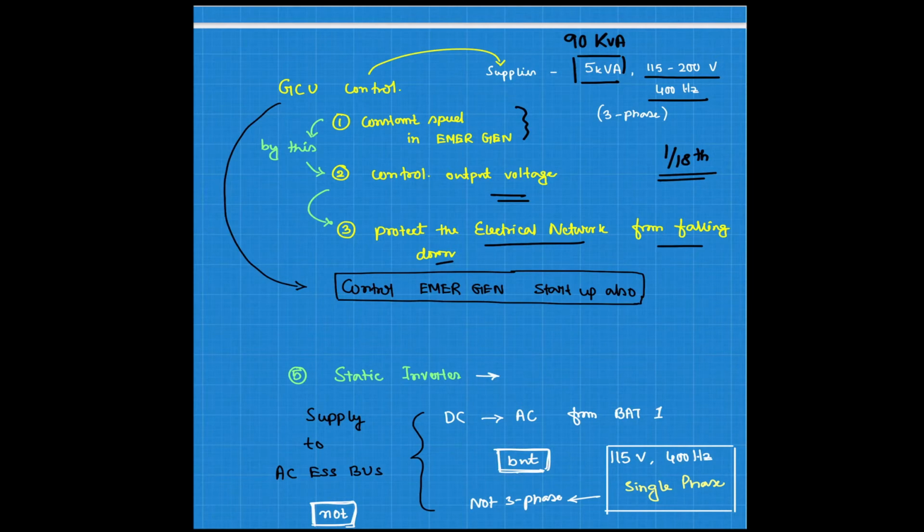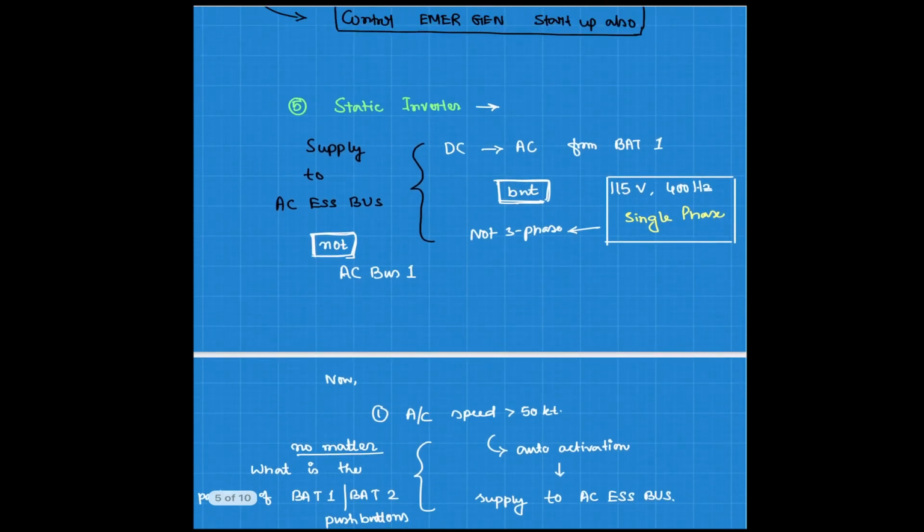Now the static inverter. Okay, so I told you earlier the static inverter is DC to AC from bat 1. Okay, so battery 1 basically supplies the static inverter system, but it only transforms the DC to AC to a single phase basically. It doesn't transform to a three phase.